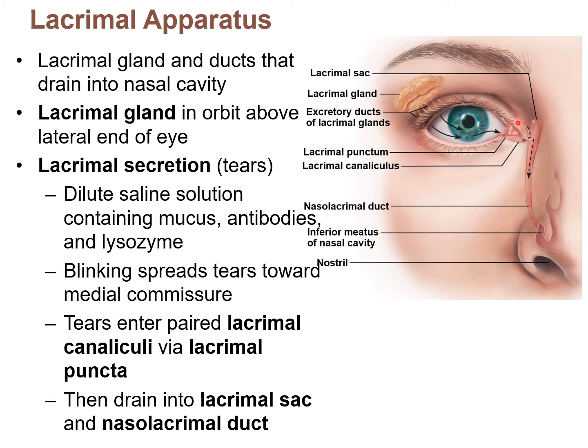Heard that word before when we did bone. And from there it will flow into this nasolacrimal duct. There's a nasolacrimal sac up here for some overflow, but the nasolacrimal duct will drain the tears into the nasal cavity. So this is happening constantly to flush the eye of debris.